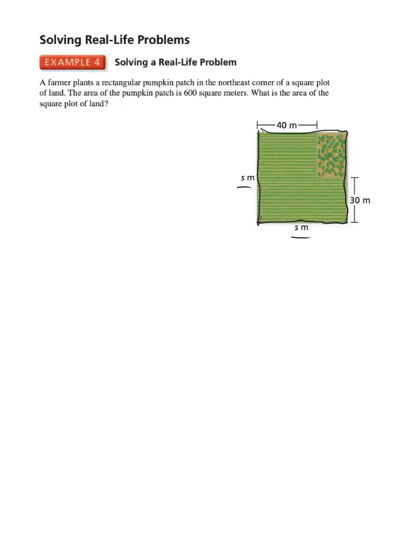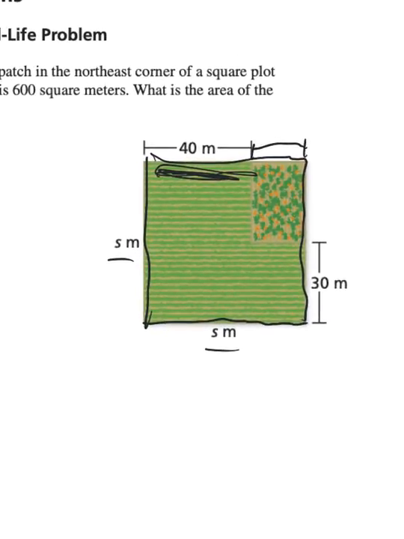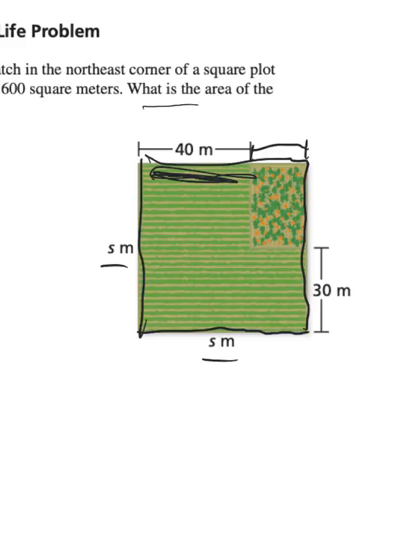Well, interestingly, and this is something you're going to be doing more of in math, if this side here is 40 meters, and the whole side is S, this little chunk of pumpkin patch, the 600 square meter pumpkin patch, is going to be the whole side, S, minus that part, 40.